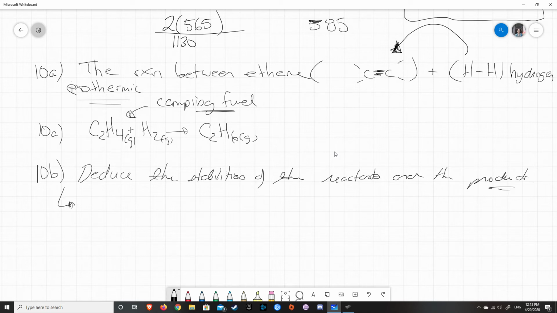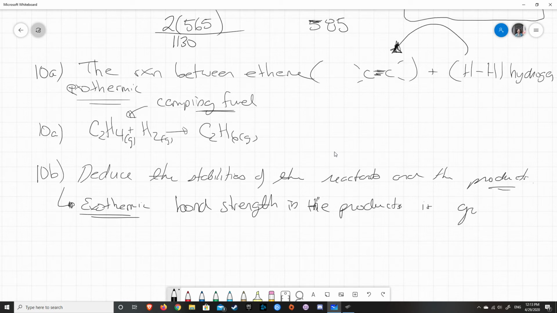We just say, okay, it's exothermic. So if it's an exothermic reaction, it means that the bond strength in the products is greater than the bond strength of the reactants.